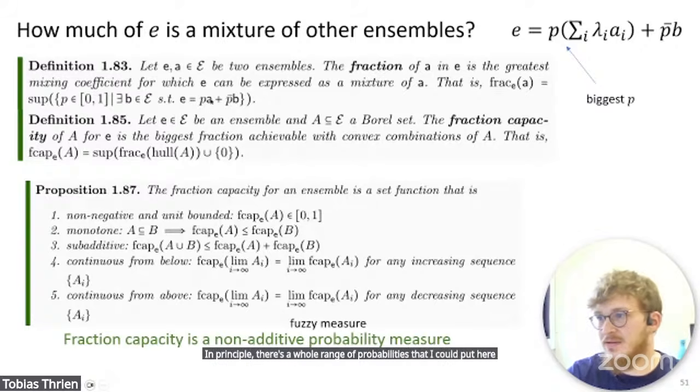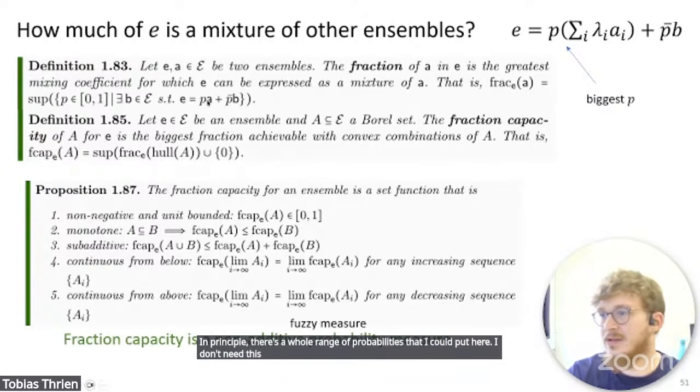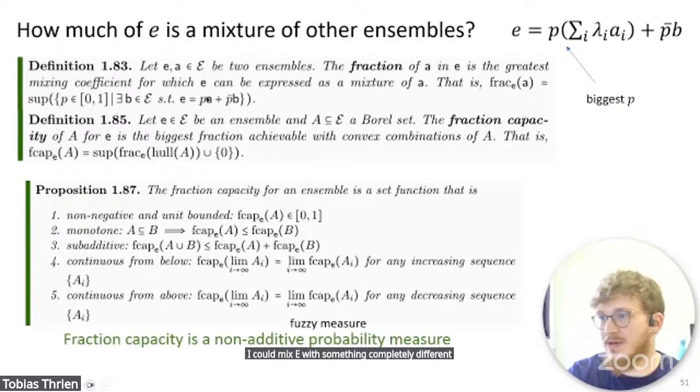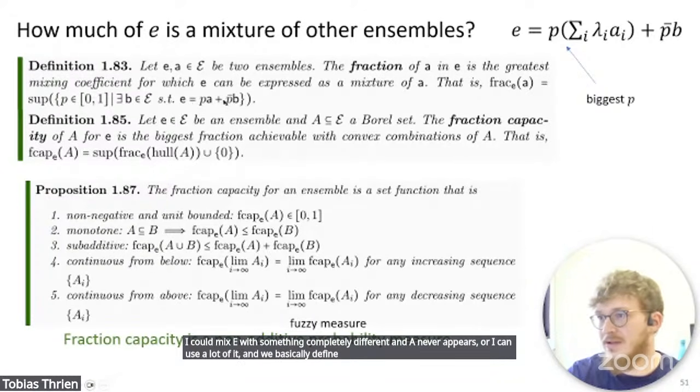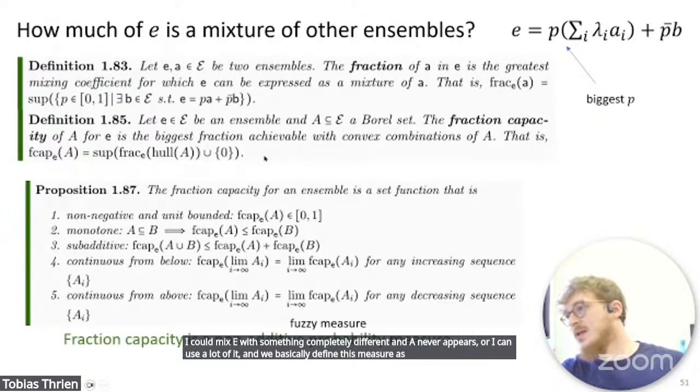I don't need this ensemble necessarily. I could mix E with something completely different and A never appears, or I can use a lot of it. And we basically define this measure as the supremum here.